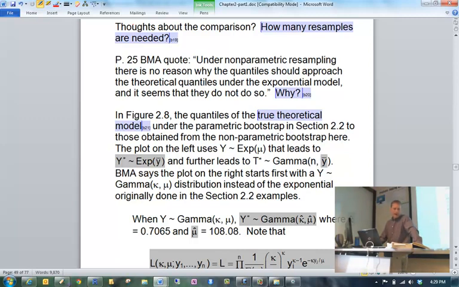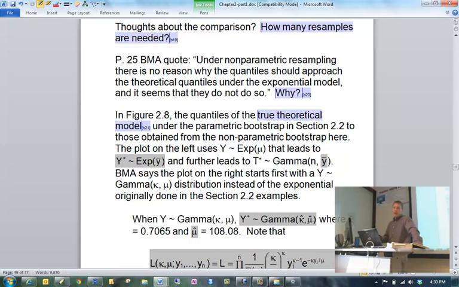On the left side, sorry, it's page 26. What you see on the left-hand side is a QQ plot, where you have values of T star on the y-axis. And on the x-axis, you have what the quantiles would have been if we had started off by saying y is distributed exponential. And you can see differences there between the quantiles.